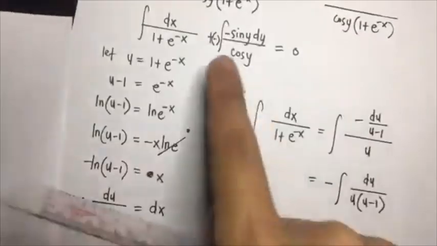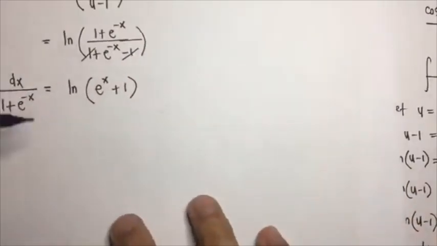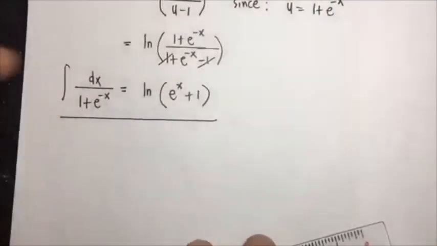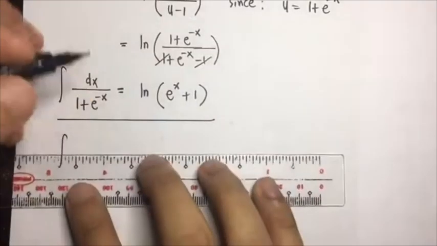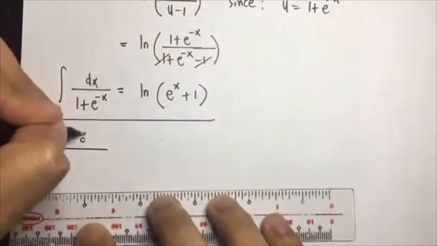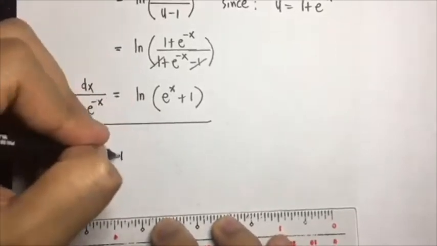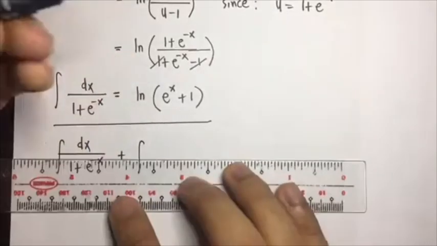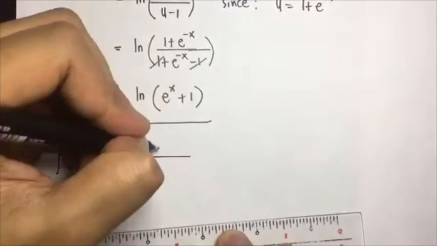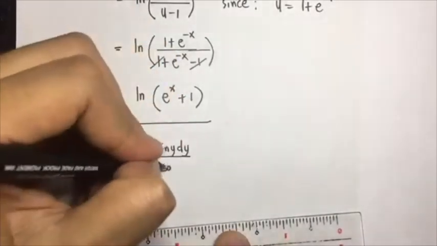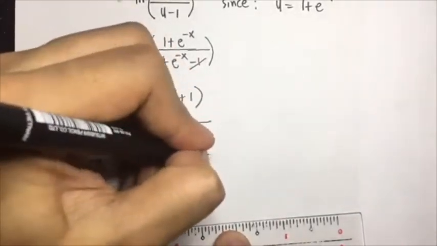Therefore, if we rewrite the integral, the integral of dx over 1 plus e to the negative x plus the integral of sine y dy over cosine of y is equal to 0.